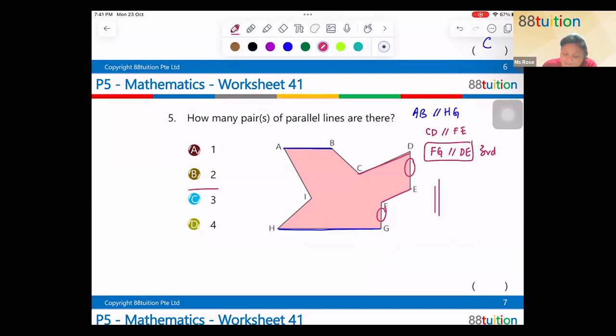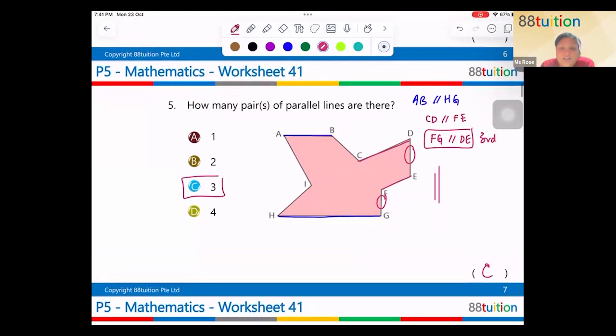So that's why you got C. Got it? I'm gonna give feedback on this question to make sure that DE is exactly the same as FG in terms of the orientation of the line.